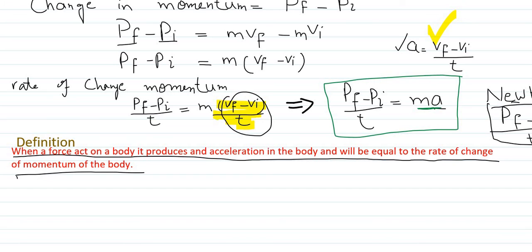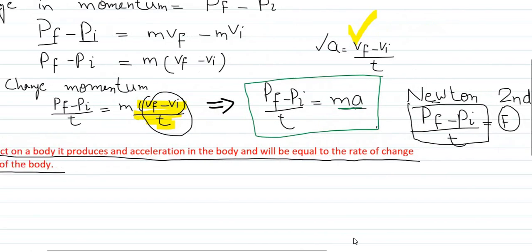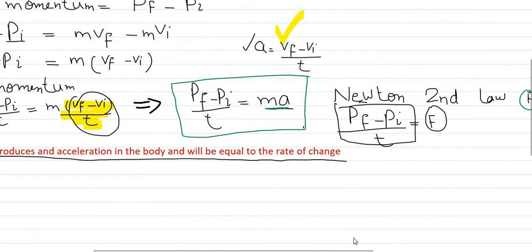So when a force acts on a body, it produces an acceleration. When you apply that force, its velocity will change, and when velocity changes, acceleration is produced, because acceleration is the rate of change of velocity, and that will be equal to Pf minus Pi over t.